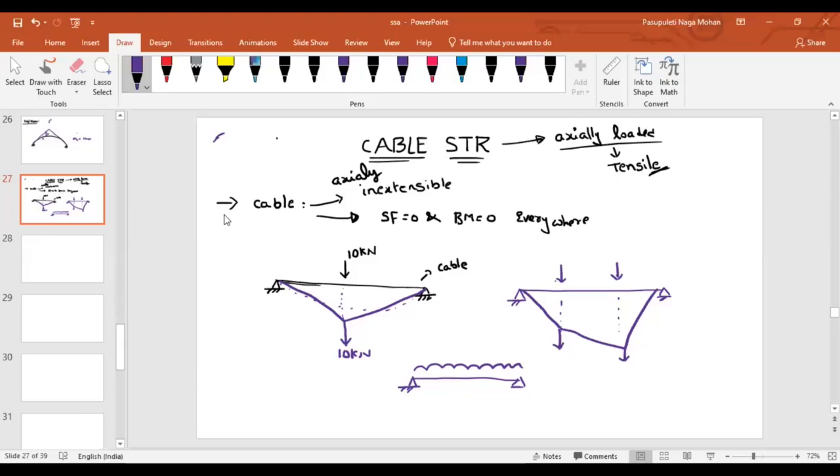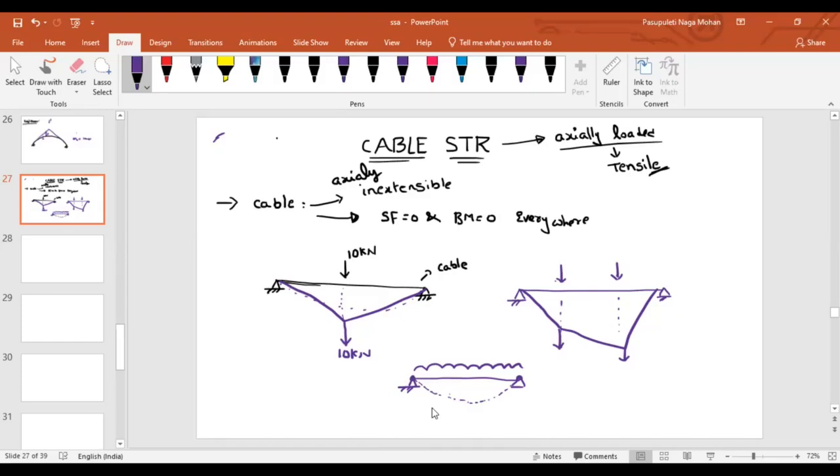So if 2 people are holding at one end and the other end, if you can remember, the final position of the cable might be like this. So unlike other types of structures, depending upon the type of loading, the orientation of the cables changes.